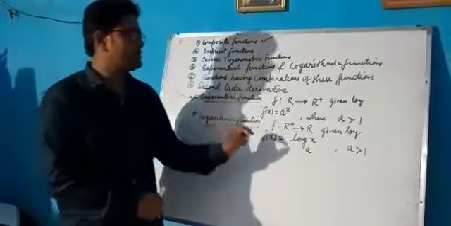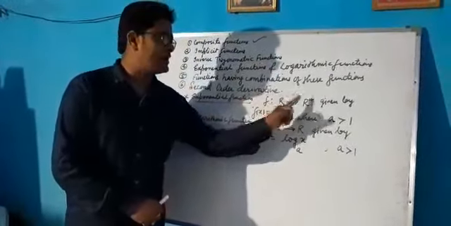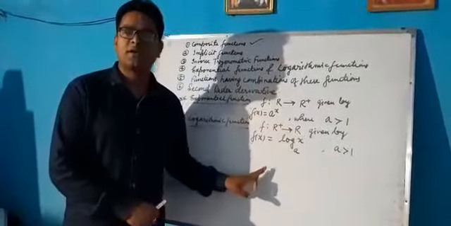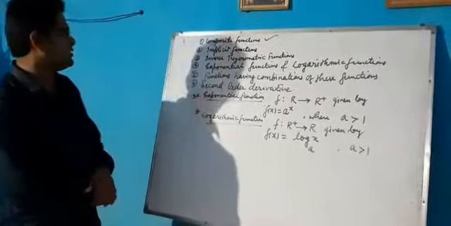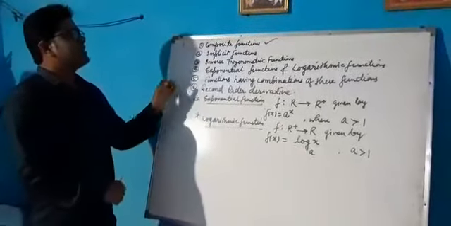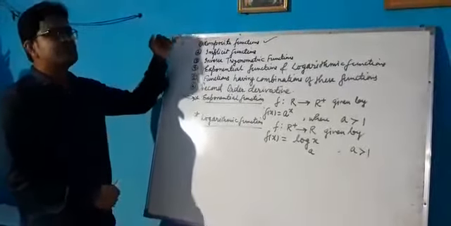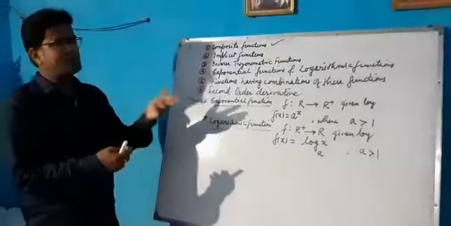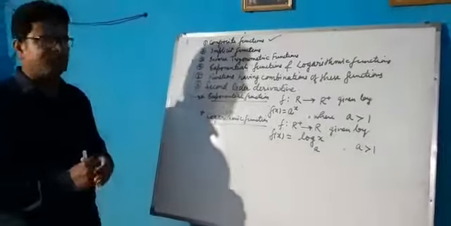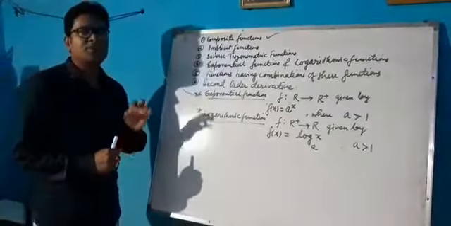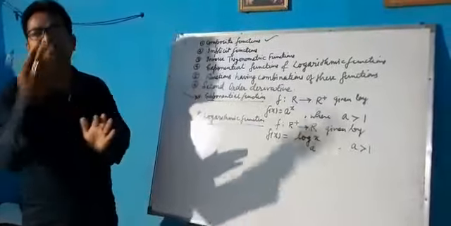You must remember their domain and range, so that you can use the proper differentiation wherever applicable. Now, functions having combinations of these functions means all these functions will be combined and we have to find the derivative. Then the last one is second order derivative. Second order derivative means we have to differentiate once, then twice.